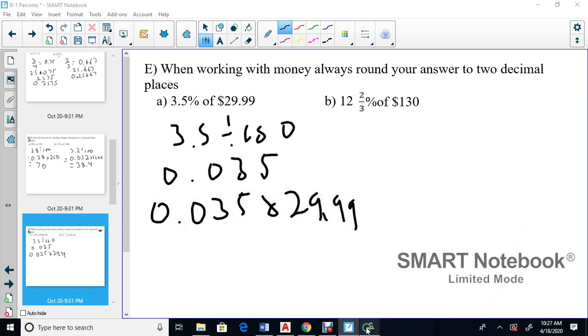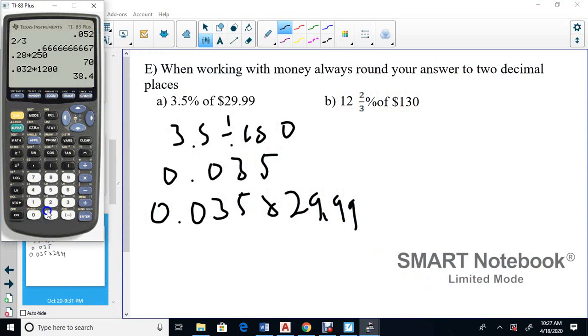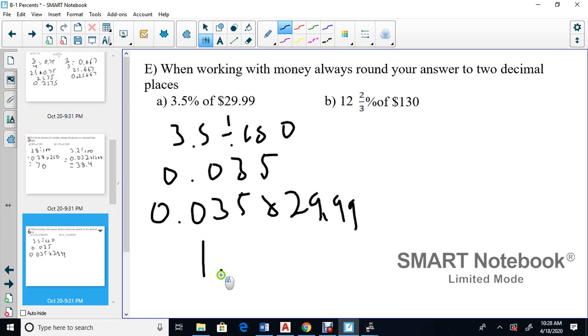So let's go back to our calculator. 0.035 times 29.99. Enter, and you get 1.049, so you round, the 9 makes that a 5. So the final answer here is 1.05.